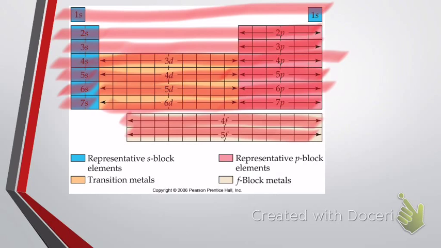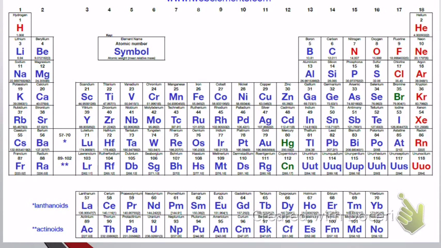So let's just do an example based off of the periodic table. It doesn't really matter which one we pick, but let's say that we do zirconium, which is 40.